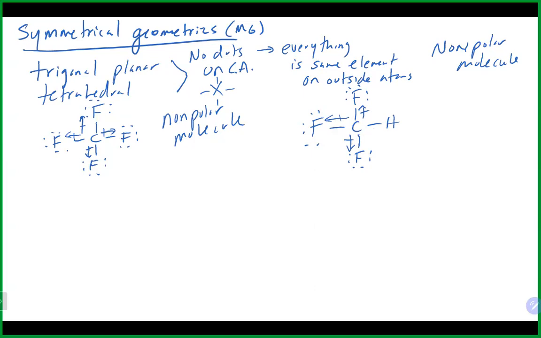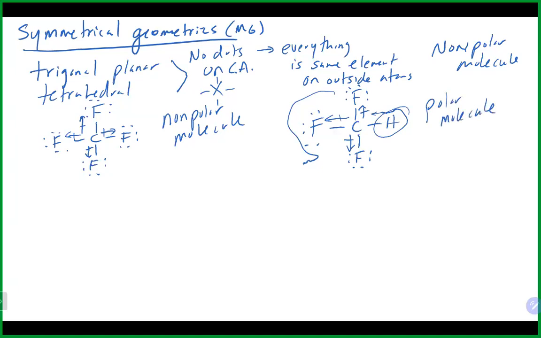In this case, I have these three guys in their corners pulling, and this hydrogen is not really doing much, right? He's actually going with them a little bit towards the carbon. So you can imagine those three guys are going to overpower the hydrogen and pull it, and this molecule will now become a polar molecule.